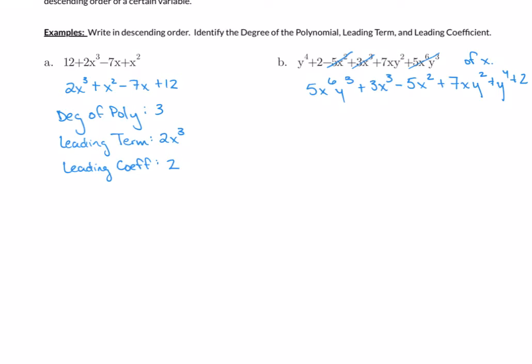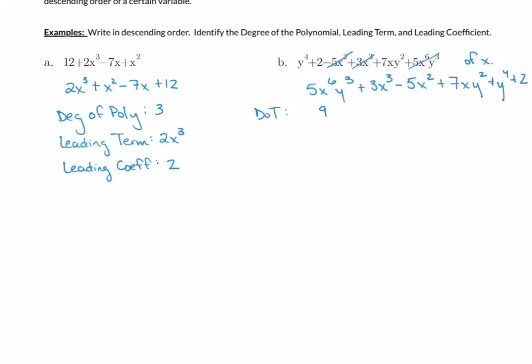Okay, so now let's go ahead and determine the degree of the terms for each one of these. So since we do have multiple variables running around, we want to add our exponents per term. So for instance, the first term, I have 6 x's and 3 y's. This is a degree 9 term.